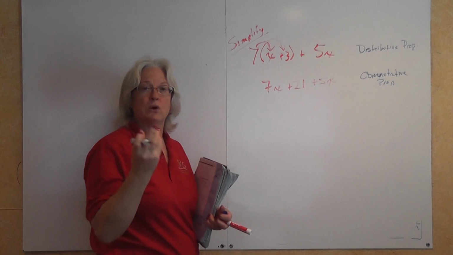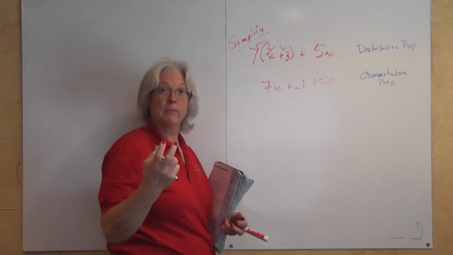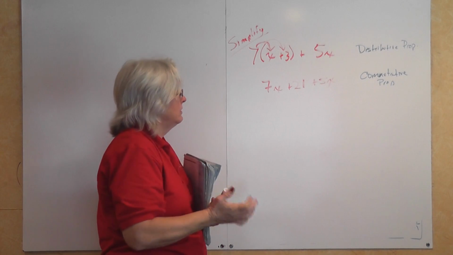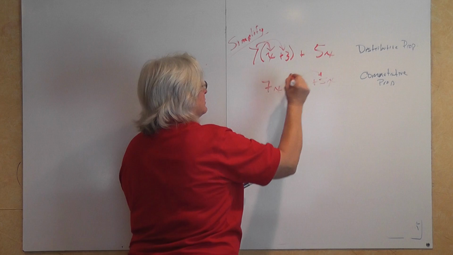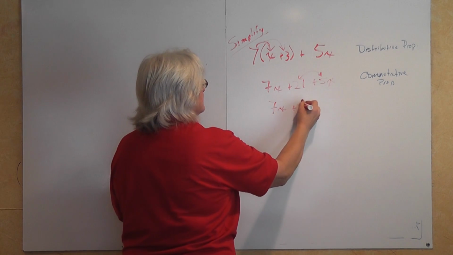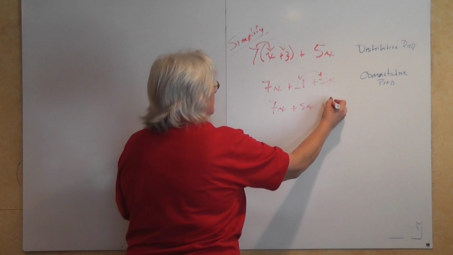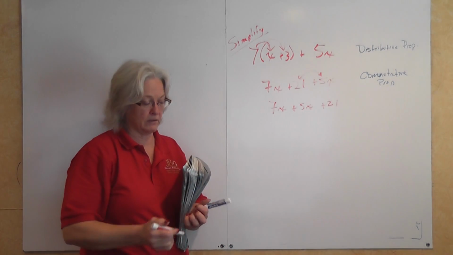As I change the order of these 3 addends, which are what you add together, I'm going to reverse the order of the 21 and the 5x. Now I have 7x plus 5x plus 21.